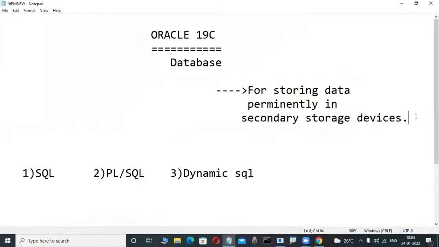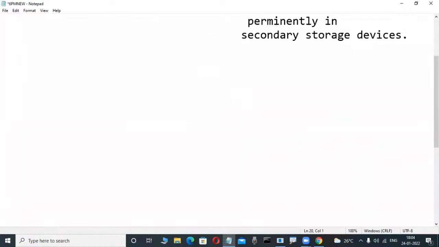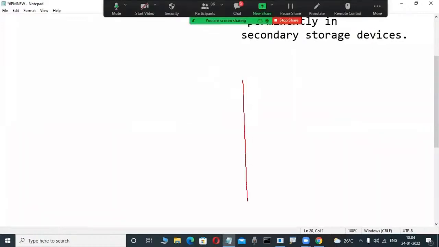As I told in previous classes, a database is a place. Whenever we install Oracle, SQL Server, DB2, these type of databases in our system, automatically one place is created.